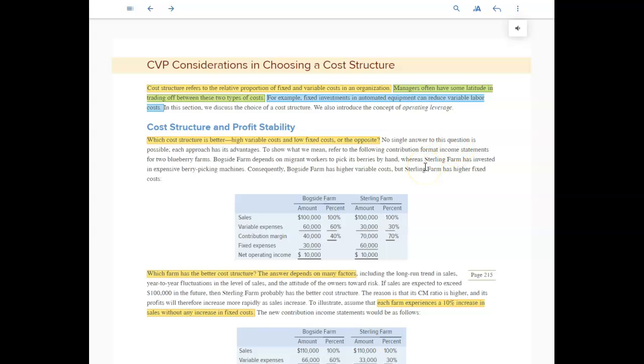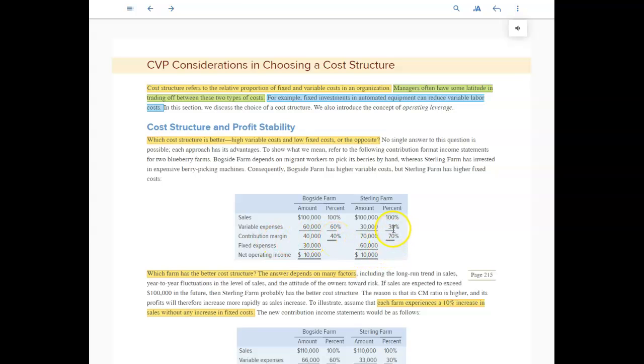Here we're going to look at cost structure for a business and the trade-off between fixed cost and variable cost. The example they give us is that we have two farms, Bogside Farm and Sterling Farm. If you look at the numbers, for Bogside Farm, we have a variable expense ratio of 60%, and a contribution margin ratio of 40%.